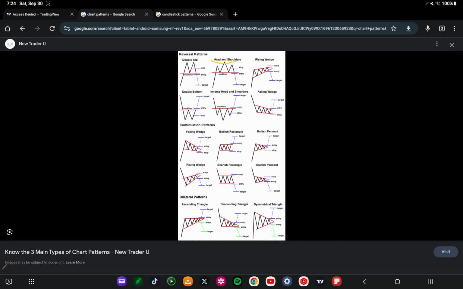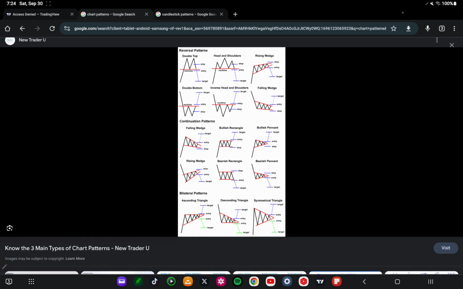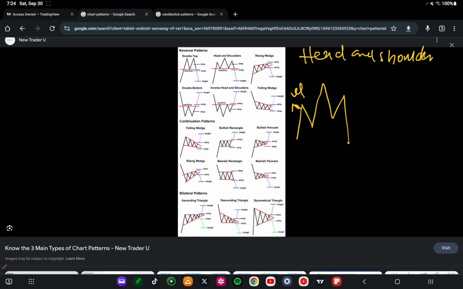Now let's look at the head and shoulder right here. It's something like we have a pattern here. Come here, come here, come here. So this is a head and shoulder. This is the left shoulder, the right shoulder, and the head. That is why it's called head and shoulder, right?